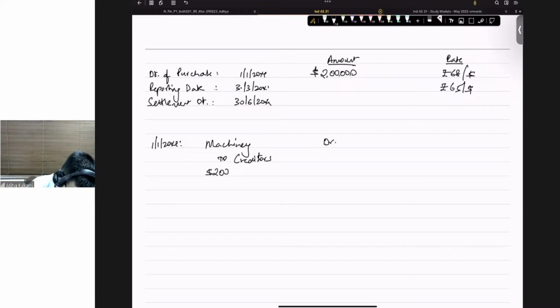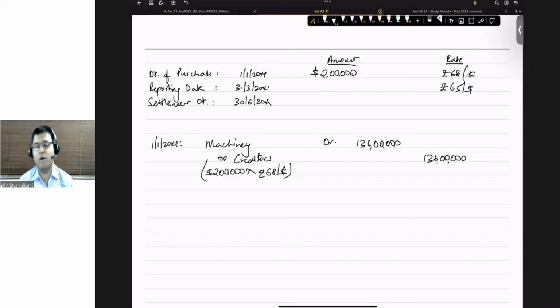This will be 200,000 into the rate on the date of the transaction. So 2 lakh into 68. So that gives you 136 lakhs. Okay, this is 1 crore 36 lakhs is the initial recognition.